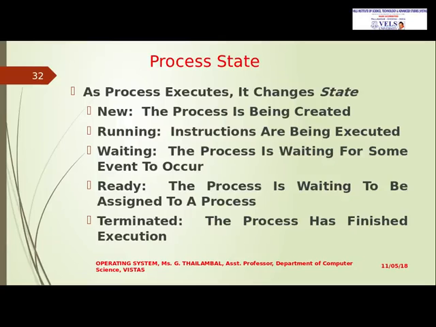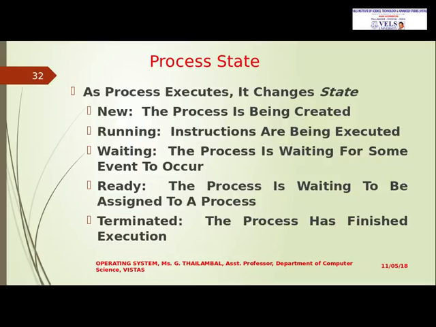It's a new state. The new state is the state when the process is first being created. If it is in a being created state, then it is a new process. And running state. What is a running state? If the process starts executing, the instructions start executing. That state is called the running state. And waiting state, if the process is waiting for some input, or it needs to print some output.